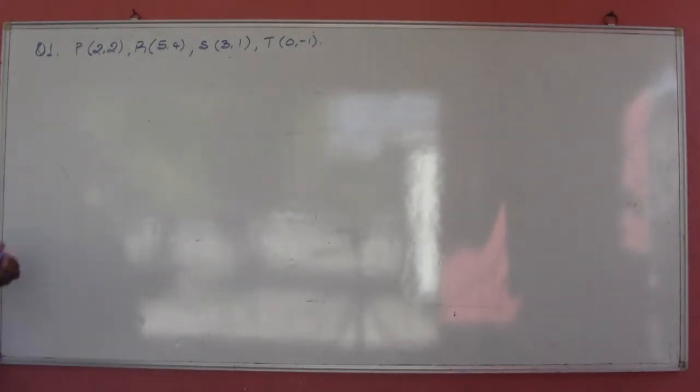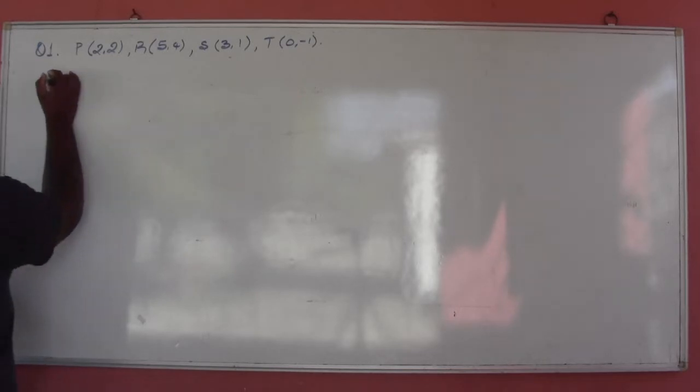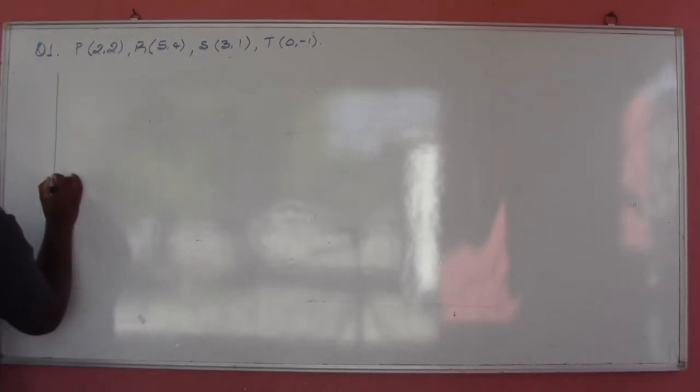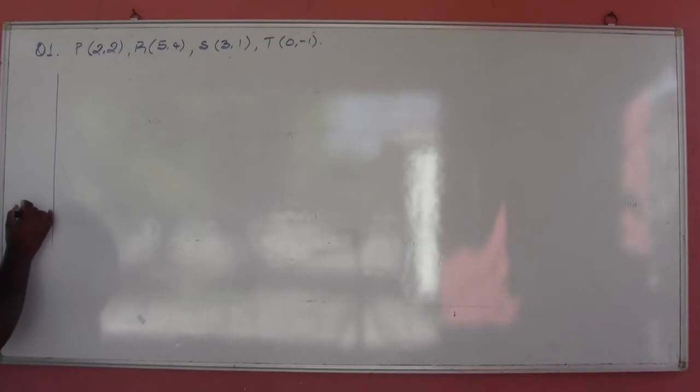Alright, so if you're given coordinates, one option available to you is to do a sketch of what your diagram could possibly look like. So let's do a basic sketch.